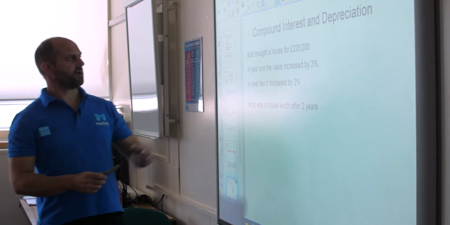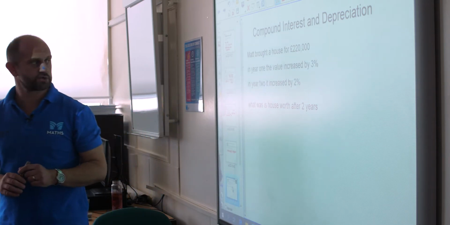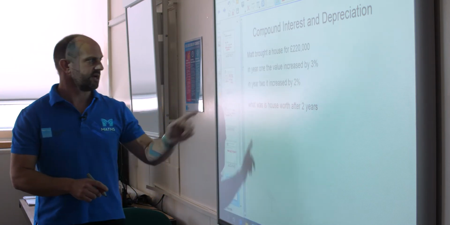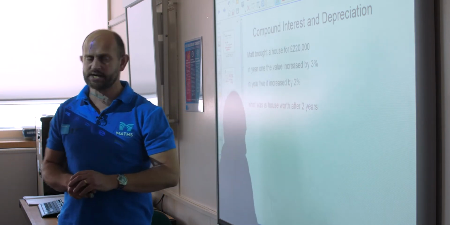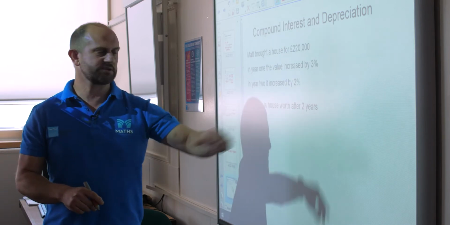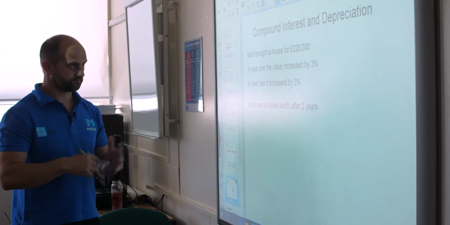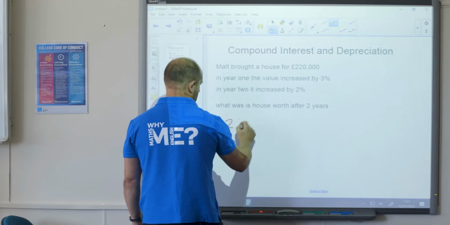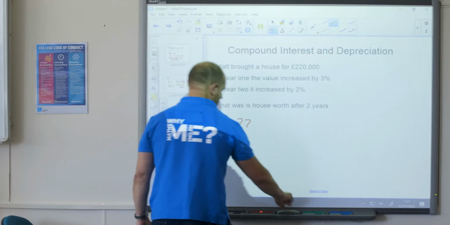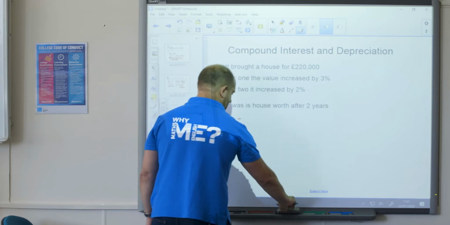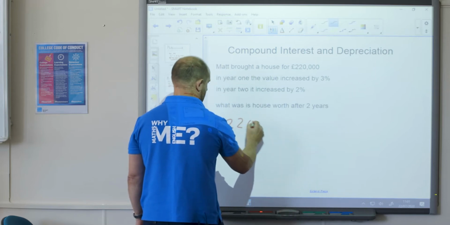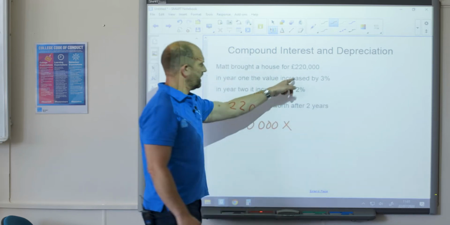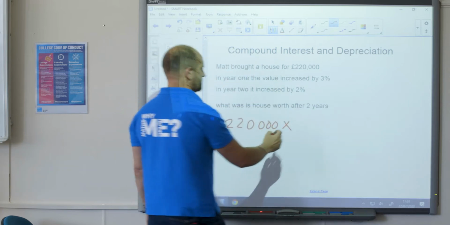Slightly different question then. Matt bought a house for £220,000. In year 1, the value increased by 3%, and in year 2, it increased by 2%. What was the value of his house after 2 years? Okay, all we need to do for this one then is the value of Matt's house multiplied by each of the multipliers for each of those years.